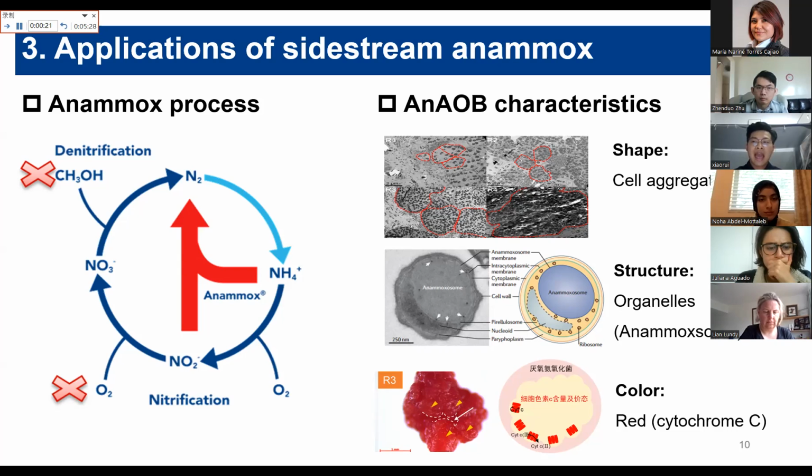They live as aggregates, and they have a unique organelle, which is called the anammoxosome. Also, they appear red due to the numerous intracellular cytochromes. Therefore, they are also called red bacteria by many engineers.